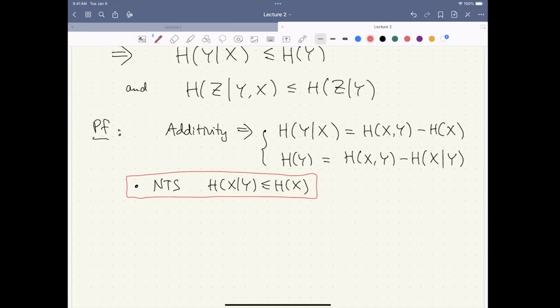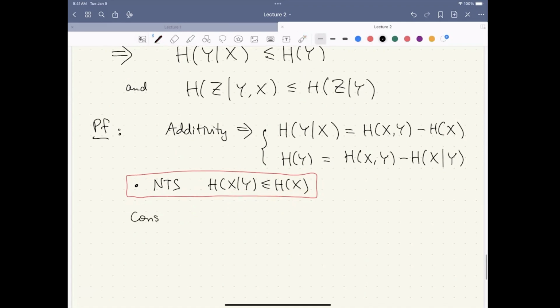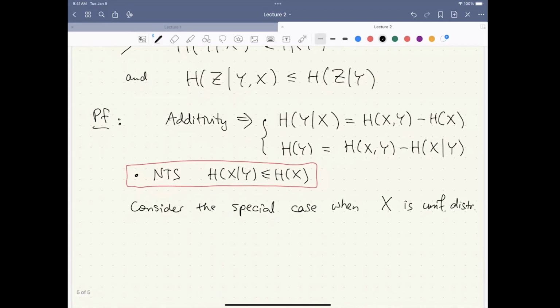So let's consider the special case when x is uniformly distributed.